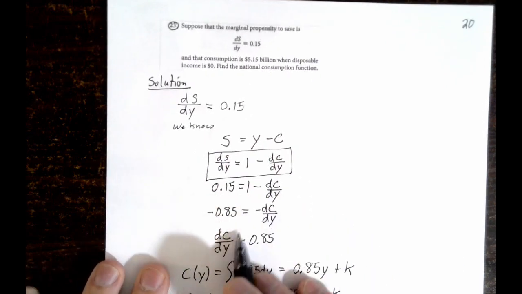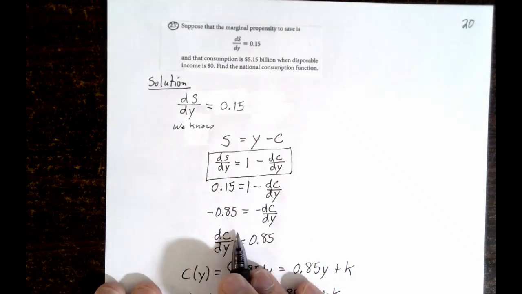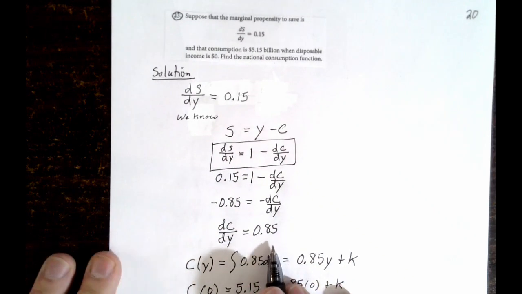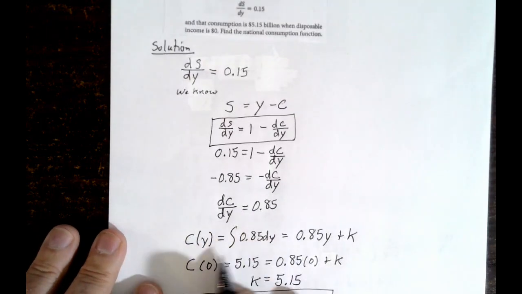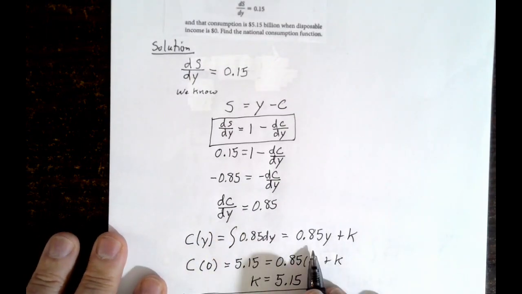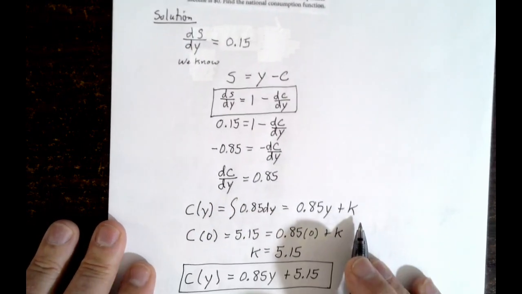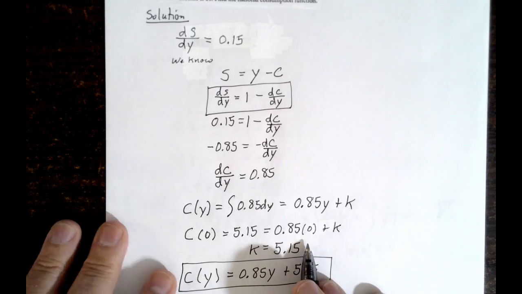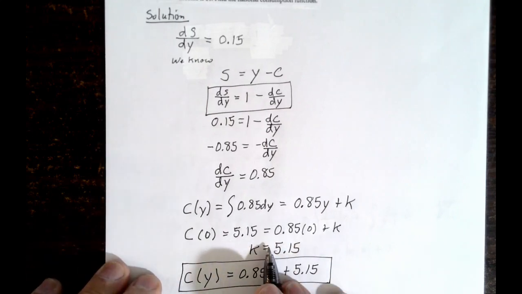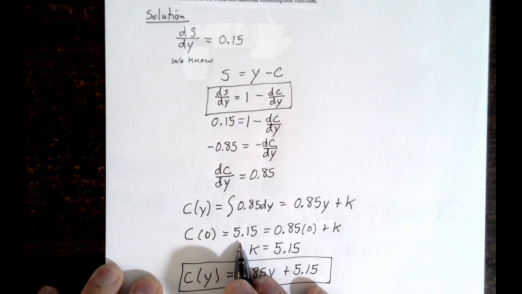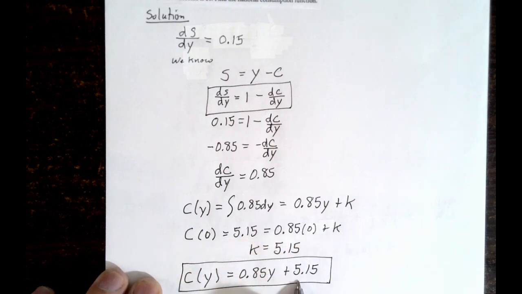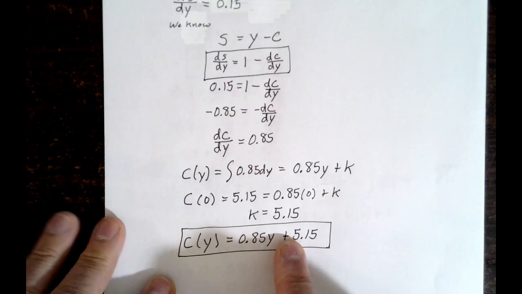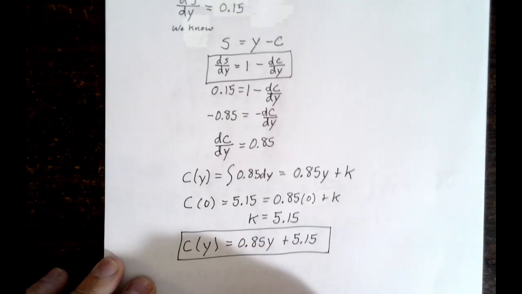And so when you solve this, you subtract 1, multiply by -1, and you get c prime equals 0.85. So now you integrate that, and now you have to figure out what k is, and we know that c of 0 equals 5.15. So when you plug in 0 for y, you figure out k is 5.15. So now there's your national consumption function.